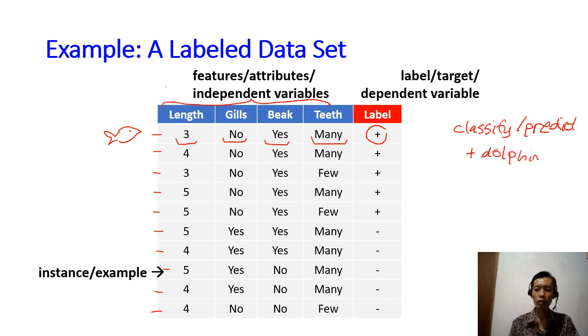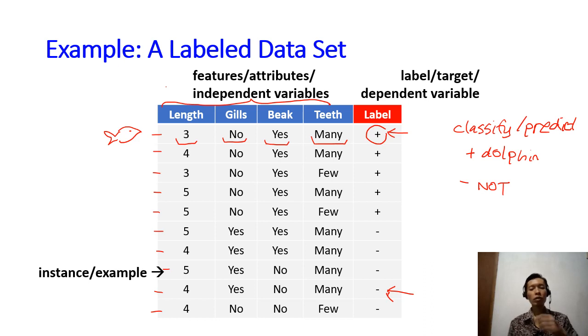Plus means it is a dolphin, minus means it is not a dolphin. So the first instance is labeled as positive, or dolphin. While, for example, the second from the last fish is labeled as minus, which means it is not a dolphin.